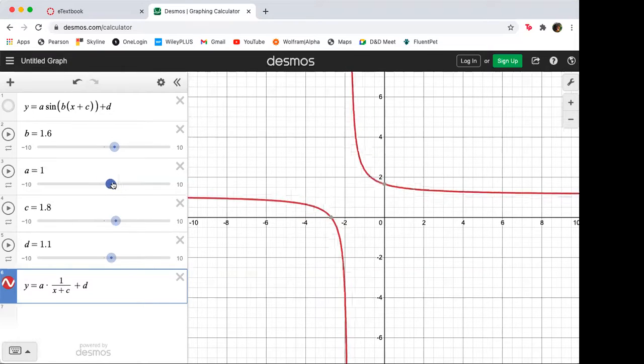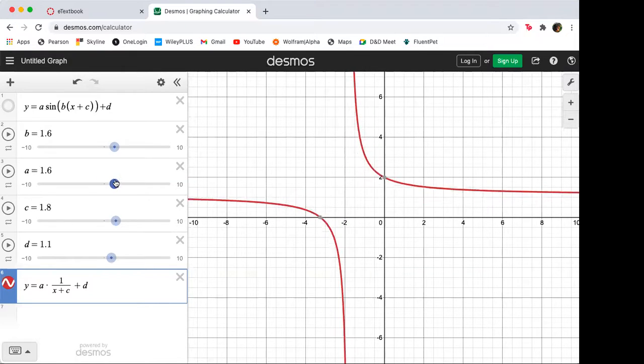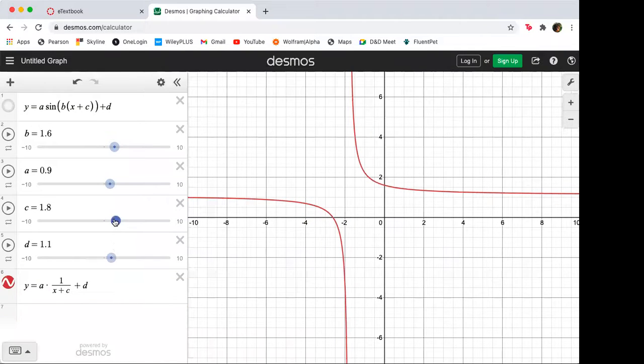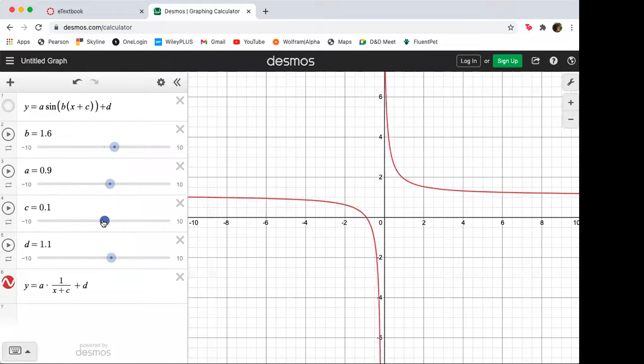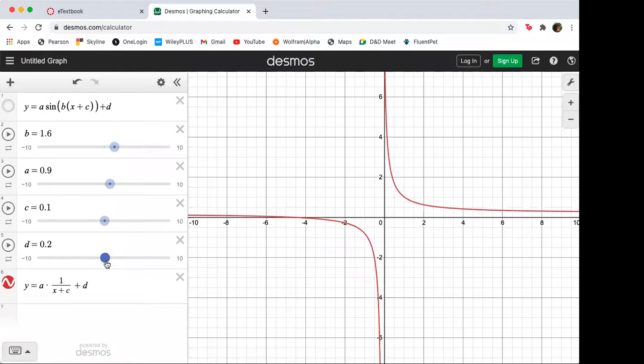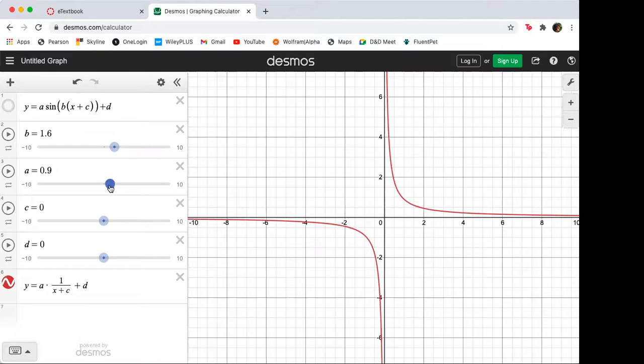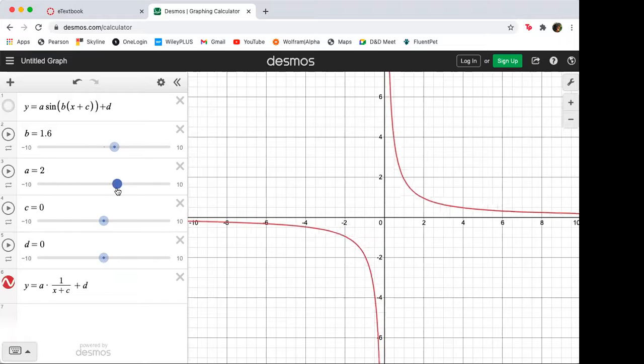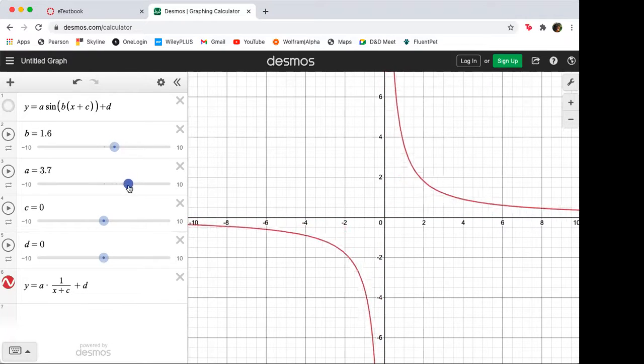So notice that I have this horizontal asymptote and I have this vertical asymptote. I'm going to shift my vertical to 0 so it's easier to see. And I'll shift d down to 0. There we go. So we can see that if I change a, I still have the x and y axes as horizontal and vertical asymptotes.